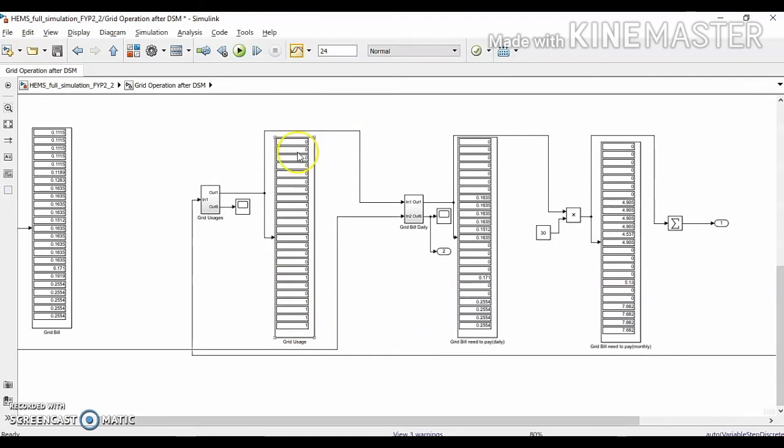We can see at 12 a.m. the grid will be used because the battery and the renewable energy do not have the balance, so we need to use the grid, like that for 11 p.m., 10 p.m., and 9 p.m.